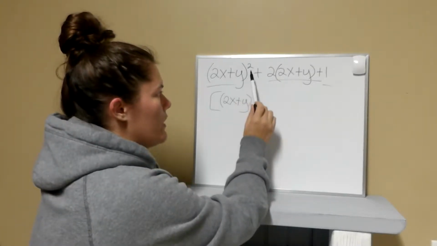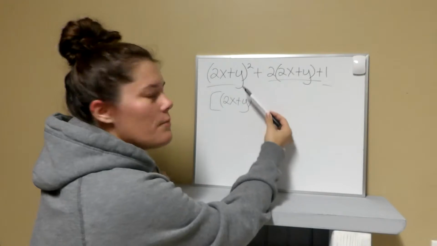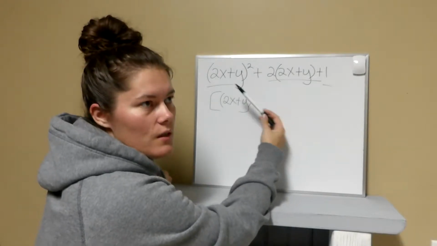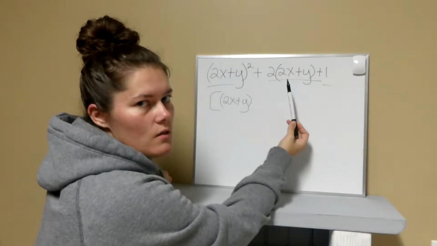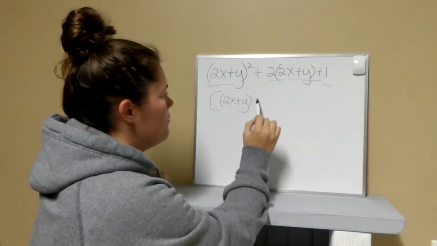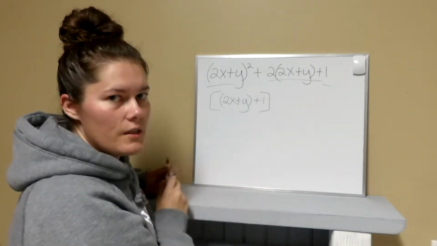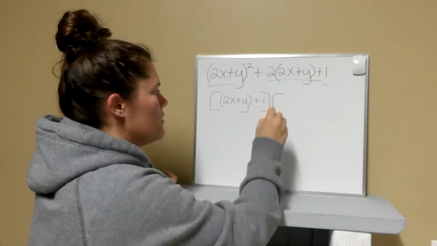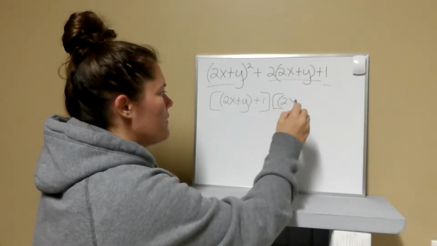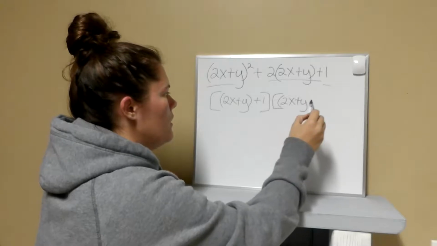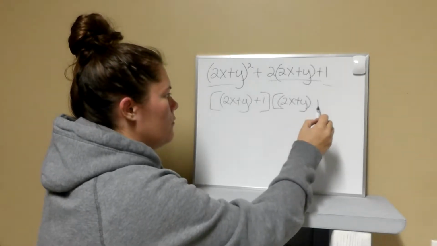because you're squaring it, you want to separate it into two separate sets of parentheses. So you would have plus 1 here, and that's the end of the first one. Then you're going to do the second one, which is 2x plus y plus 1.